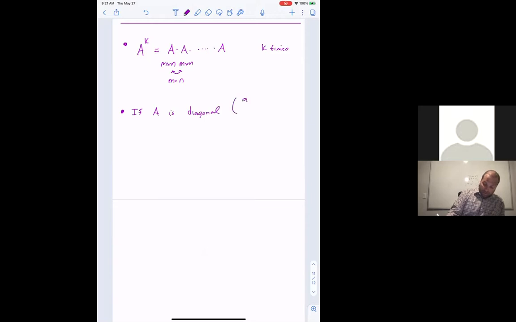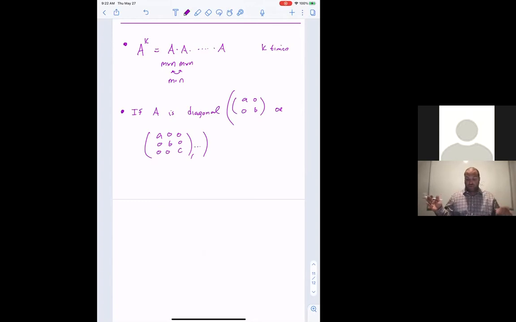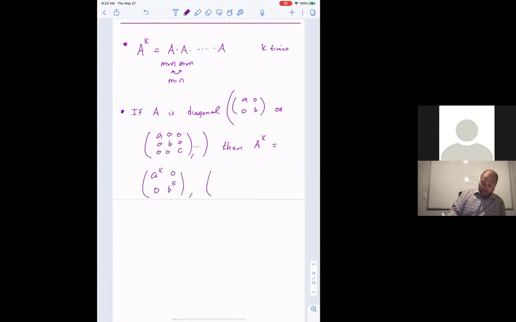Something like this, the 2 by 2 example, or something like this, the 3 by 3 example. Basically, entries along the main diagonal, but zeros off the main diagonal. We call it a diagonal matrix. Then A to the k is simple. It's equal to either a to the k, b to the k, or a to the k, b to the k, c to the k.